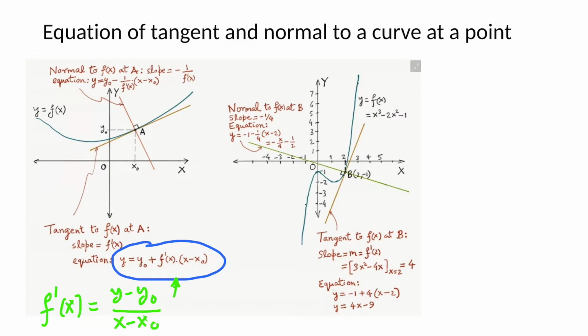So x naught, y naught refers to the specific point that we know, and x, y refers to any generic point on this line, which is a tangent.